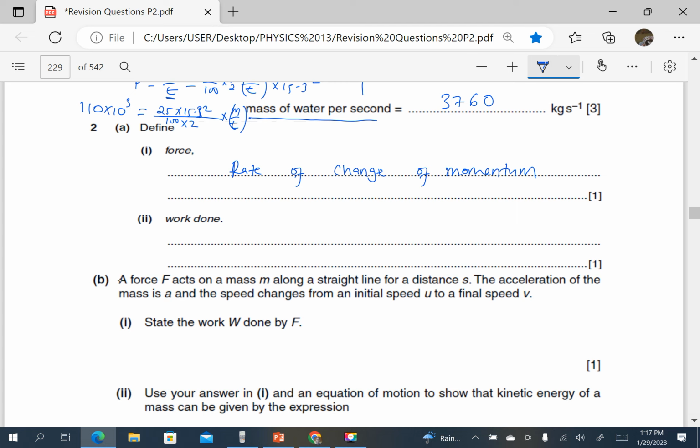Then work done is force times displacement in the direction of the force. Force times displacement in the direction of the force.